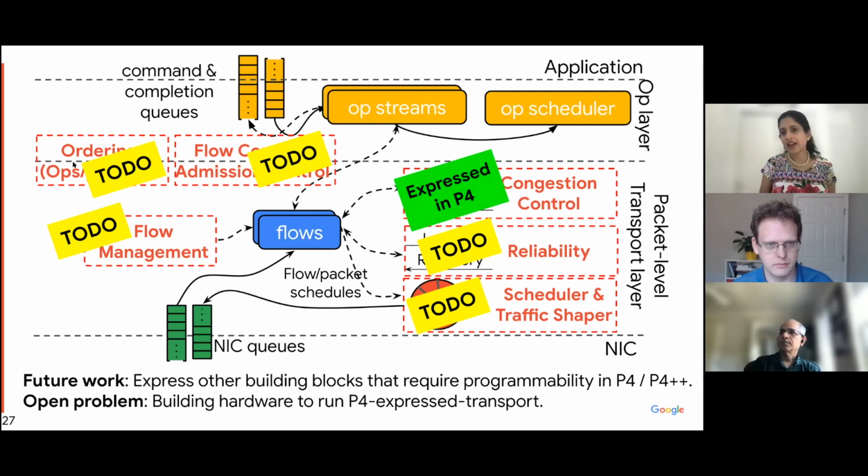Right. Thanks for the question, Guru. I'm a huge fan of schedulers, and programmability in schedulers just seems like the right thing to do. So let me set some context here: why do we care so much about schedulers, especially in the NICs with respect to transport?